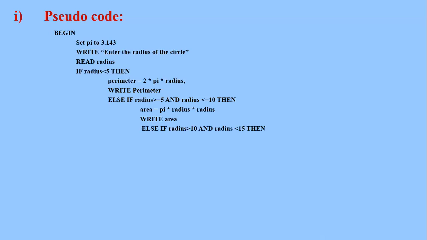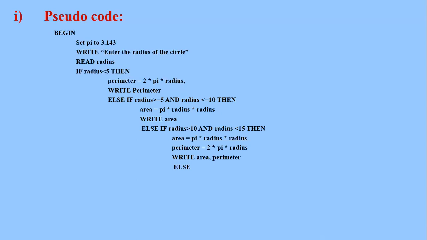Otherwise, if radius is greater than 10 and it is less than 15, then calculate the area by multiplying pi times radius, and also calculate the perimeter by multiplying 2 times pi times radius. Then display the area and the perimeter.